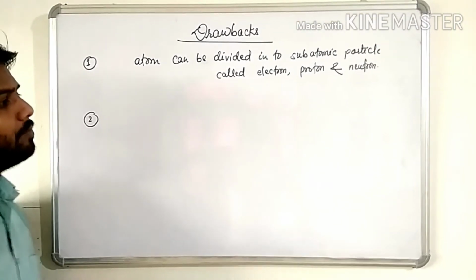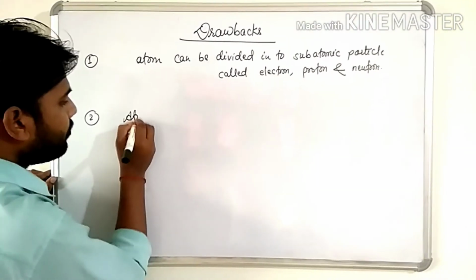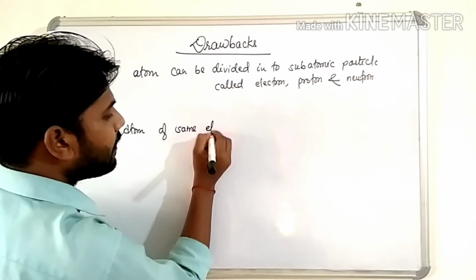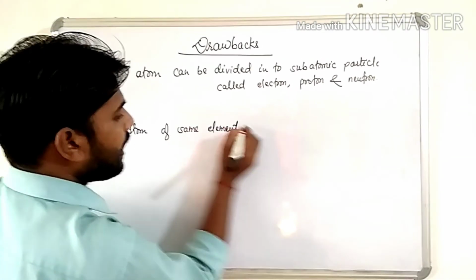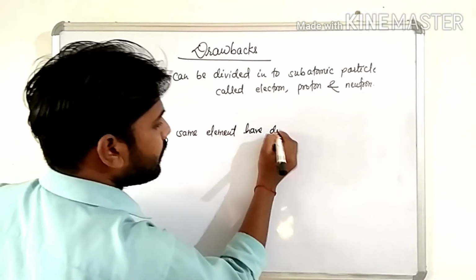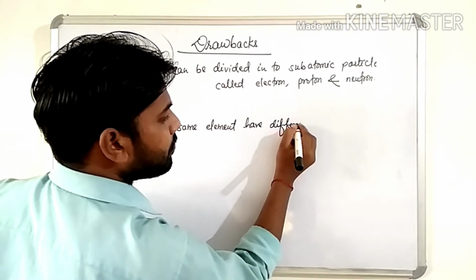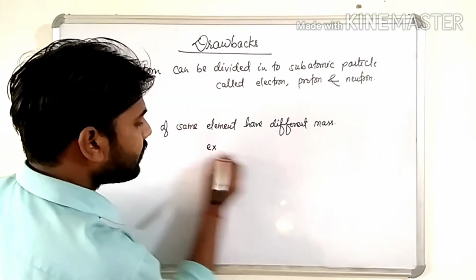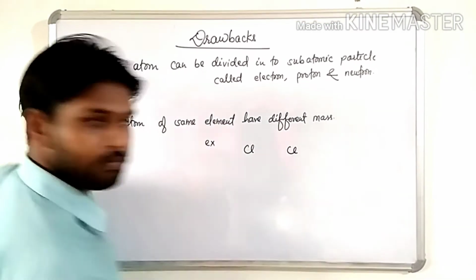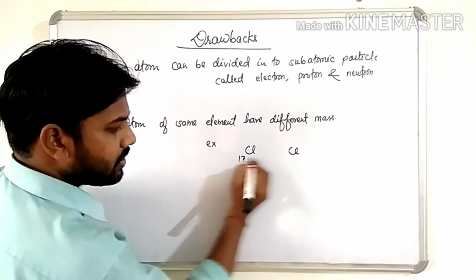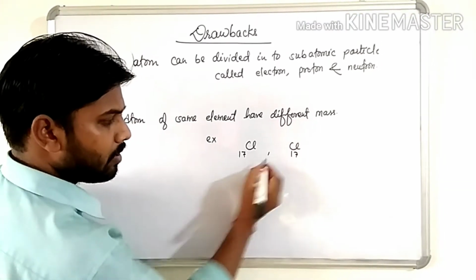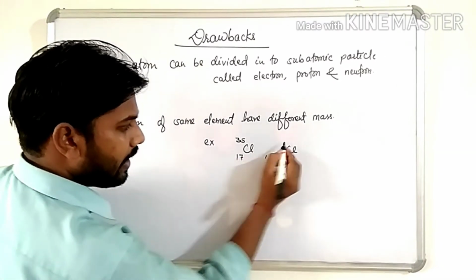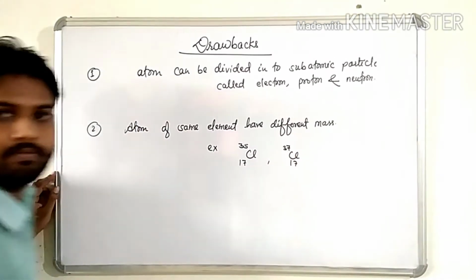For example, chlorine has atomic number 17, but the atomic mass is 35 and 37.